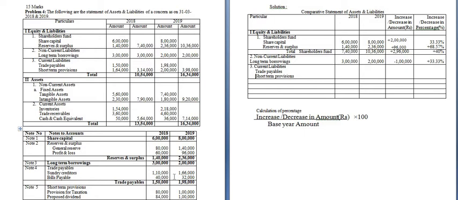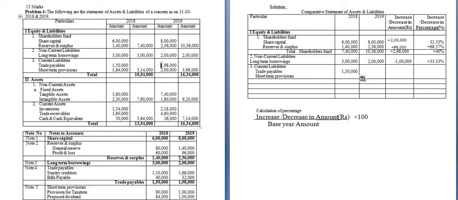So total trade payable in 2018 is 1,50,000. So write here in the amount column 1,50,000. And what about 2019?